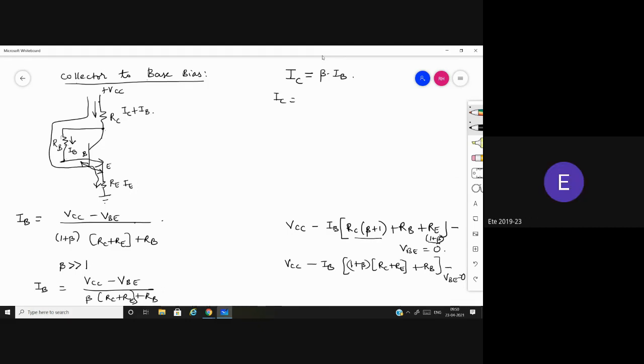So IC is equal to beta into whatever the equation, let us take it as equation number 1. That equation we rewrite VCC minus VBE divided by beta into RC plus RE plus RB. So this is the required equation for the collector current.